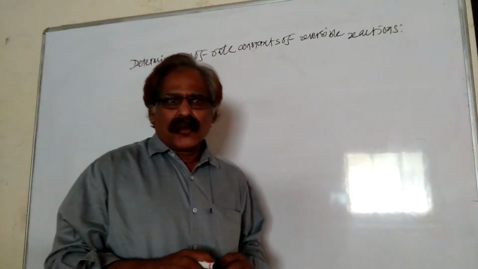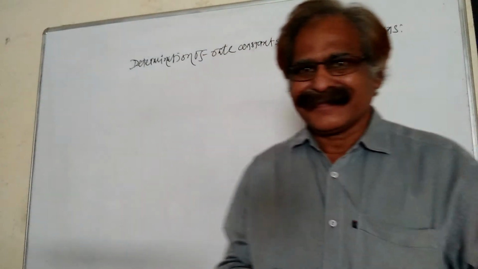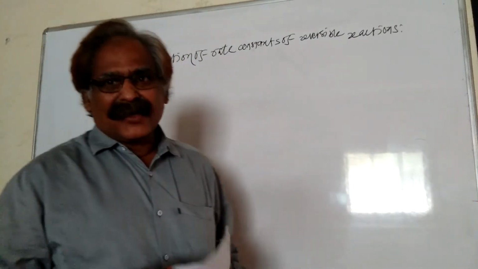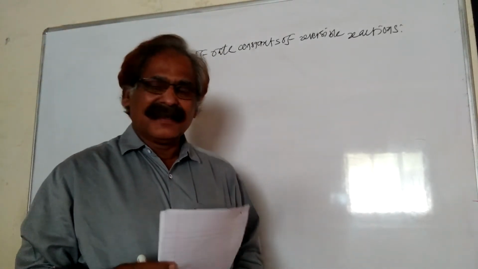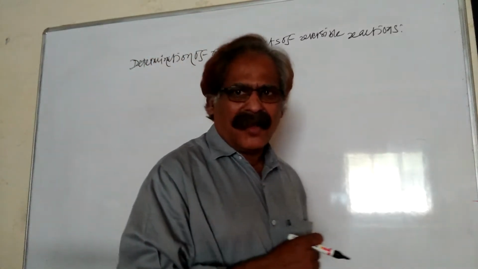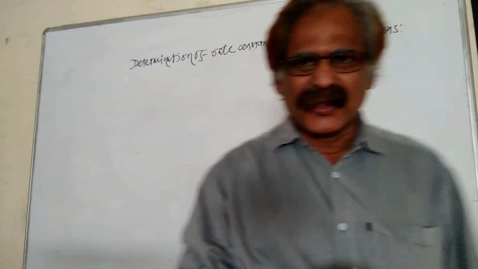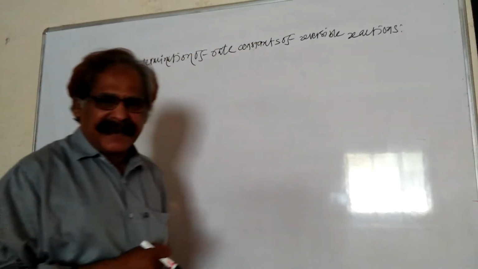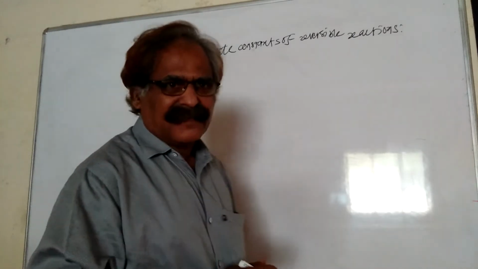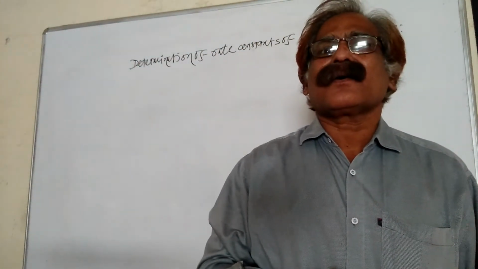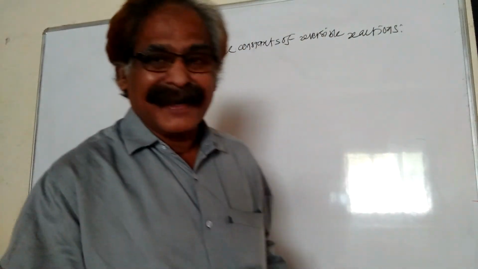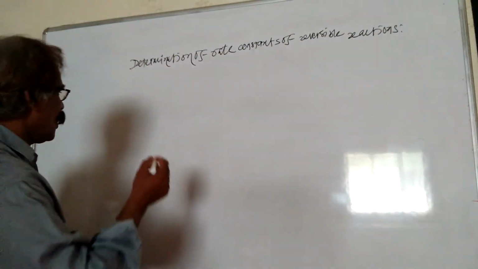So without going into the details of that, let us see how can we determine rate constants of the reversible reaction, taking an example of a simple hypothetical reversible reaction in which both the rate constant of forward reaction and backward reaction are of first order.